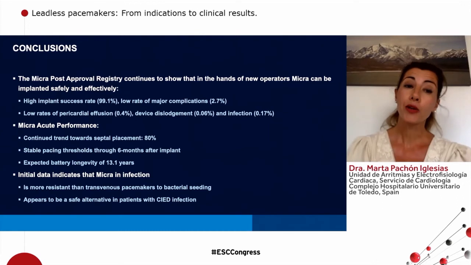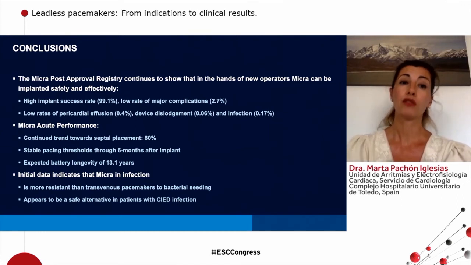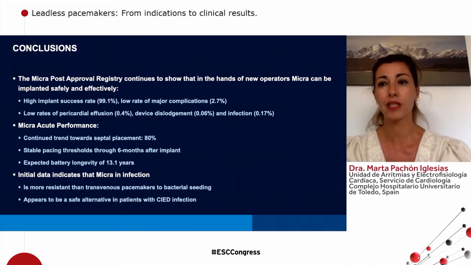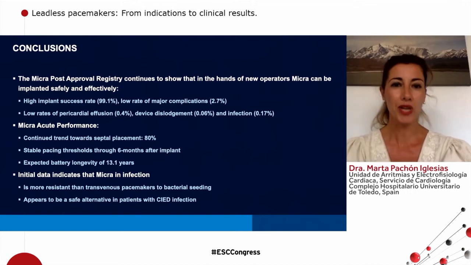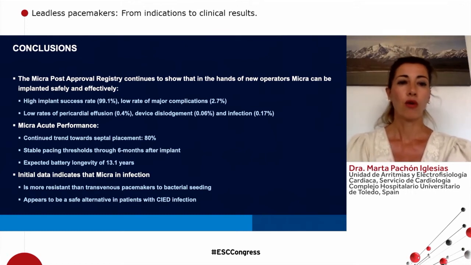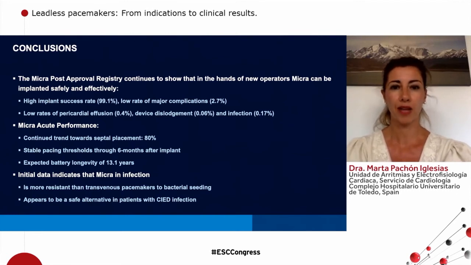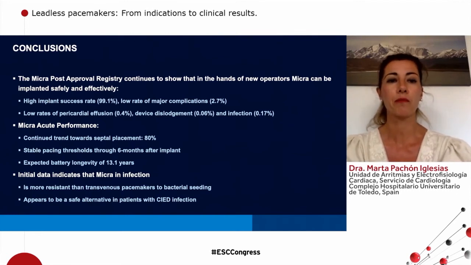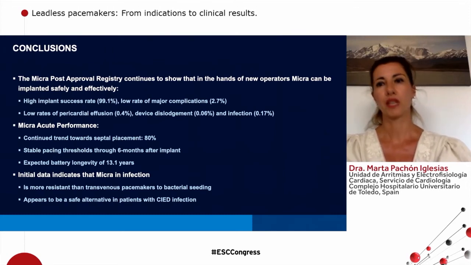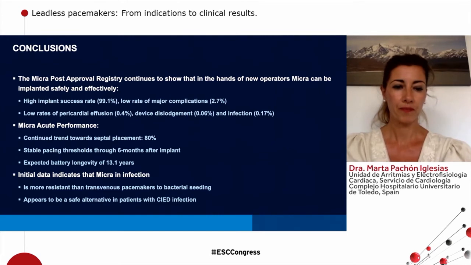Also, the Micra acute performance continues towards septal placement, with 80% of the Micras placed in the septal region. It is also showing very stable patient thresholds through the 6 months of follow-up after implant, and expected battery longevity is 13.1 years.